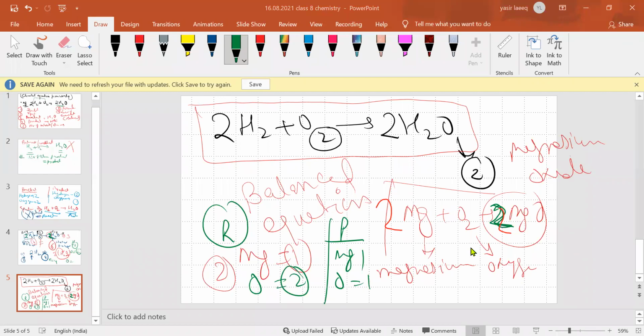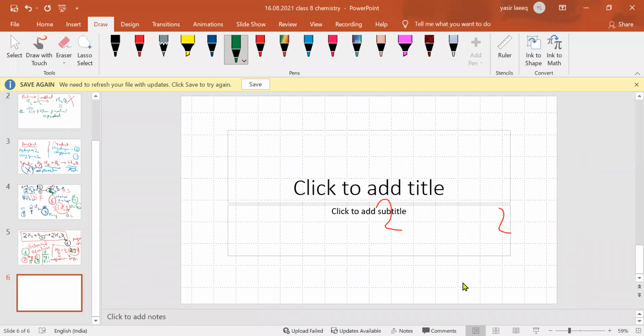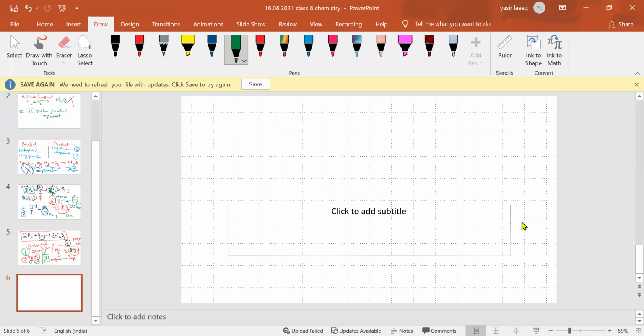So please remember these things. First of all, if you are confused, first write the reactants and products, the element names and their numbers.